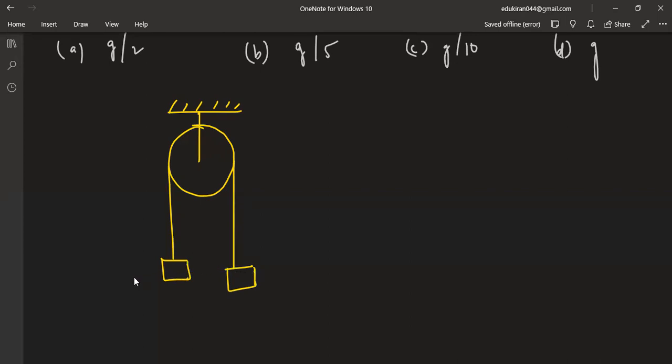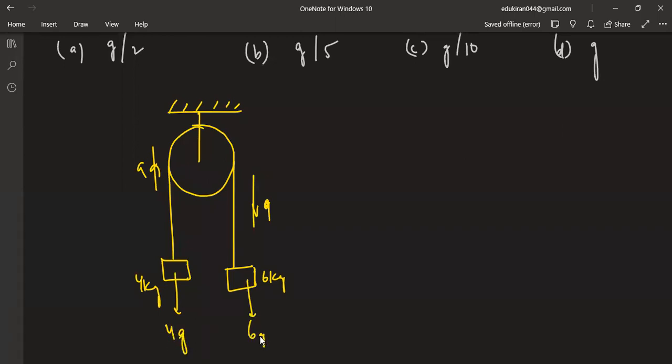This is 4 kg, this is 6 kg. See, this is going up with acceleration. This is a very basic question. This is coming down with acceleration. Okay. What about you, Hiba and Aksa? So this mass will be 4g, that is m into g.